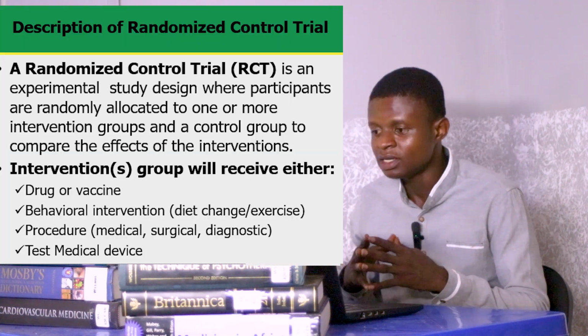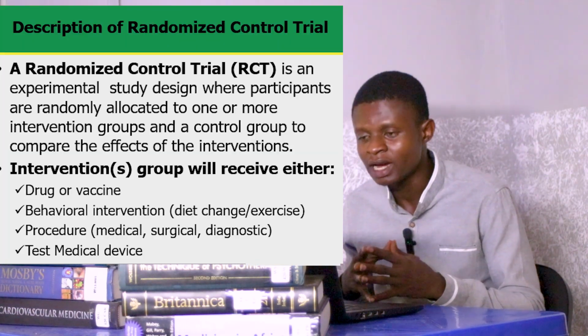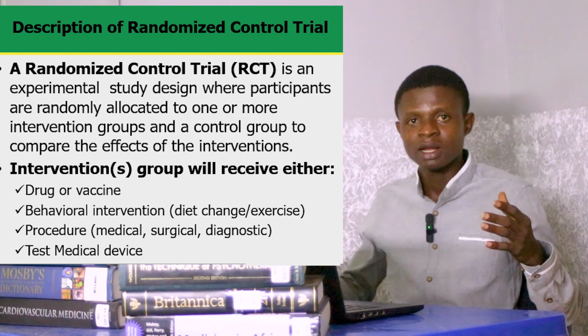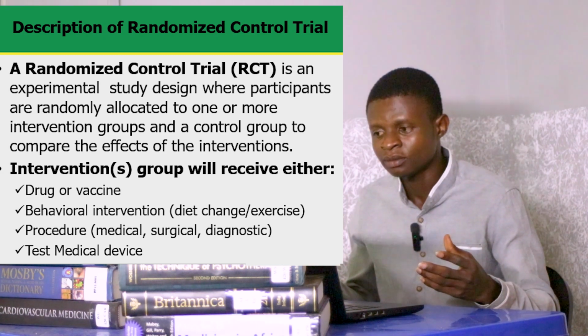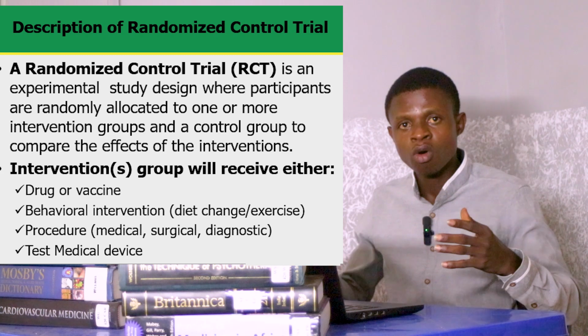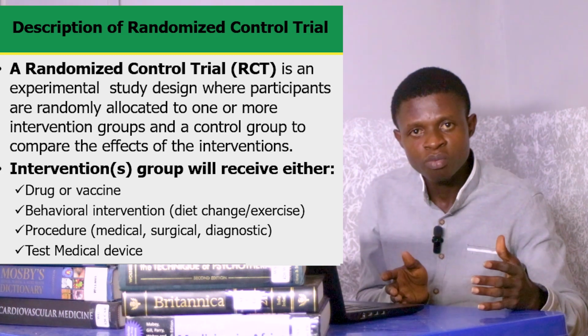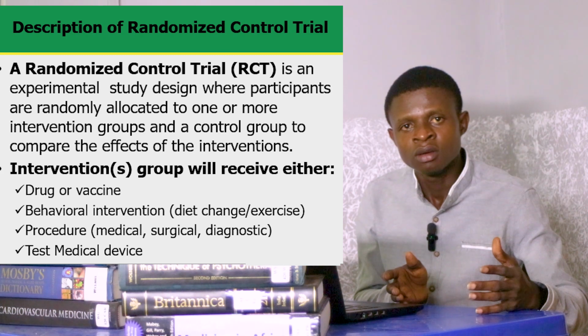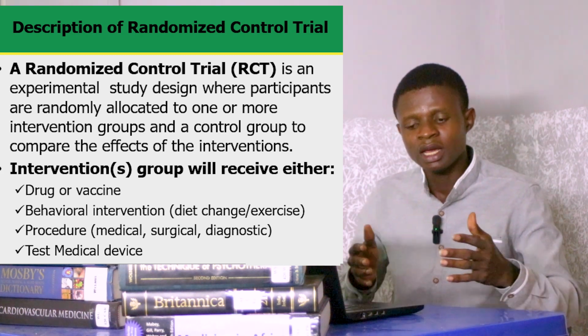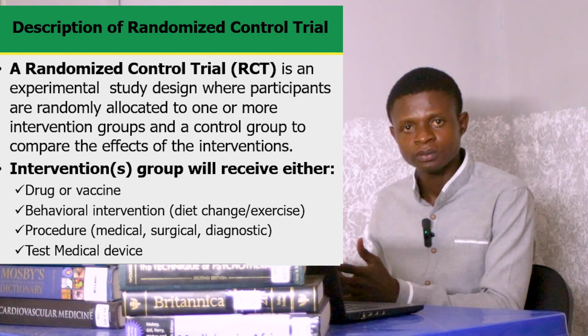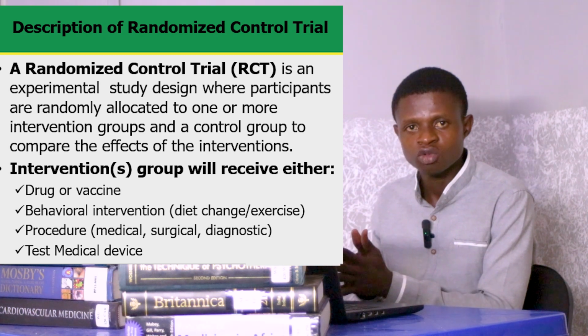So a randomized control trial is an experimental study design where participants are randomly allocated into one or more groups. So you have a group that will be for intervention and then a group for control. So that is randomized control trial.